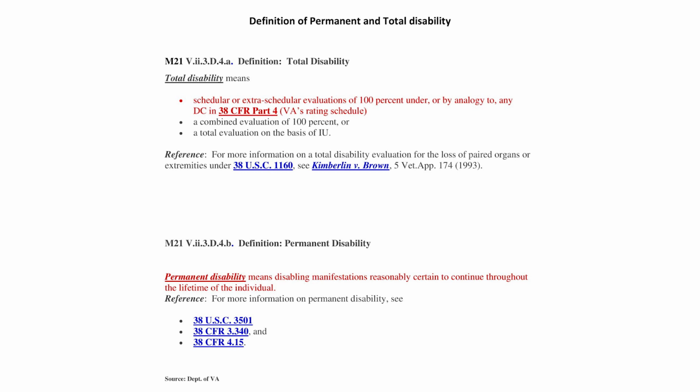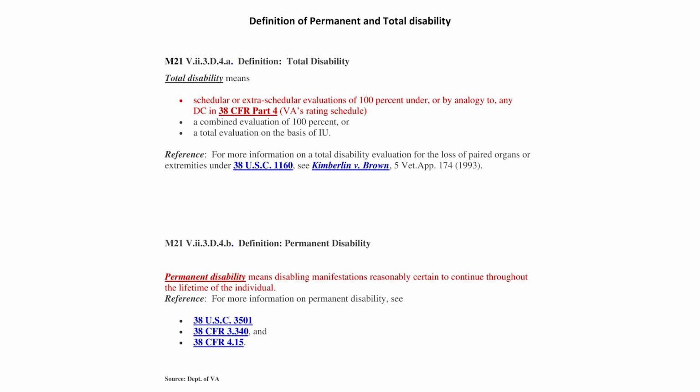And for the permanent disability definition, you have 38 CFRs that you can go to and reference additional information. Okay? So again, I don't copy the entire M21 or 38 CFR if I'm showing that information, so please go out and do additional research.